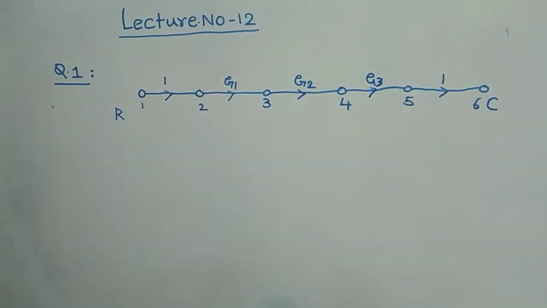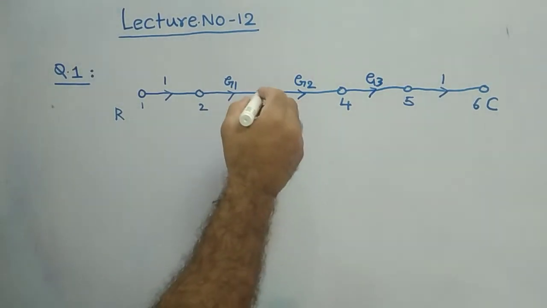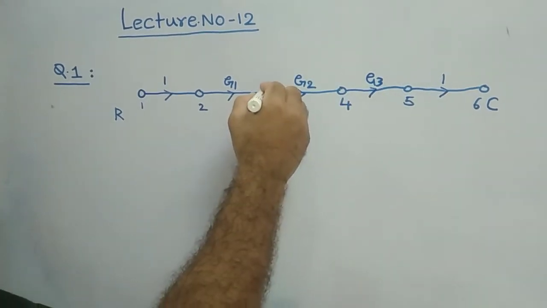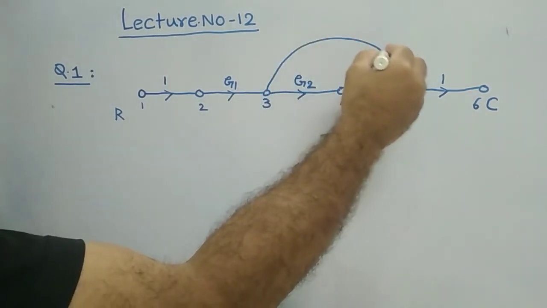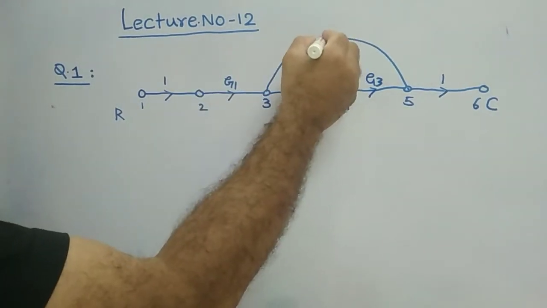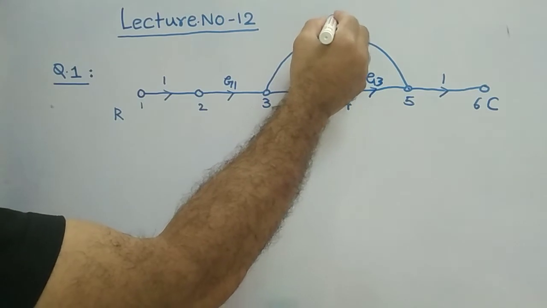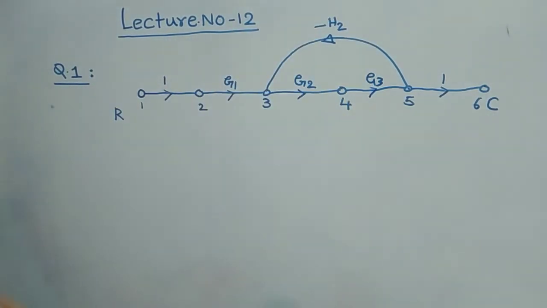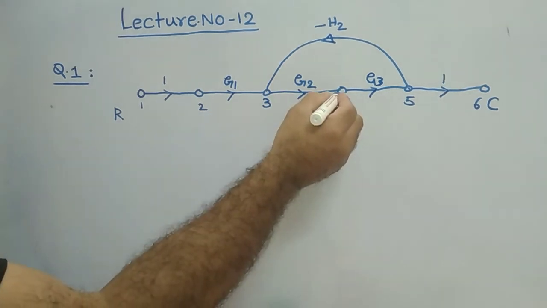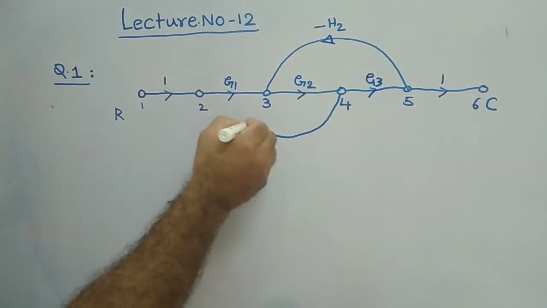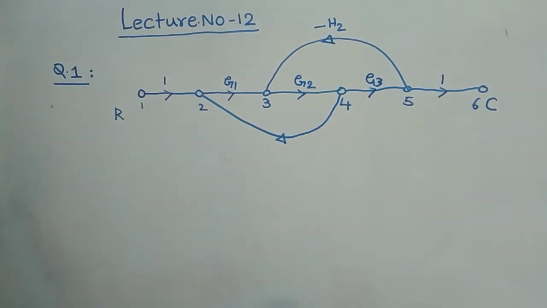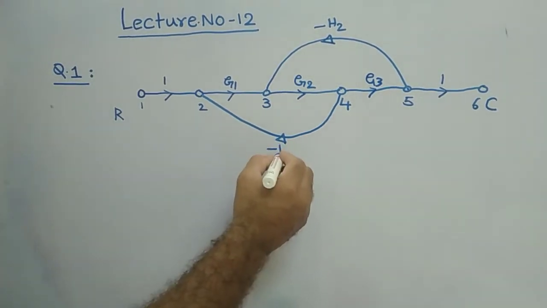And then 3 to 5, between the third node and fifth node, this is given with negative feedback, minus H2. And 4 to 2, in between these two, this is given with negative feedback with gain H1.